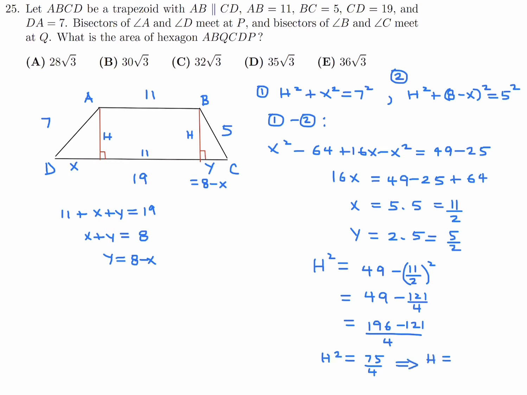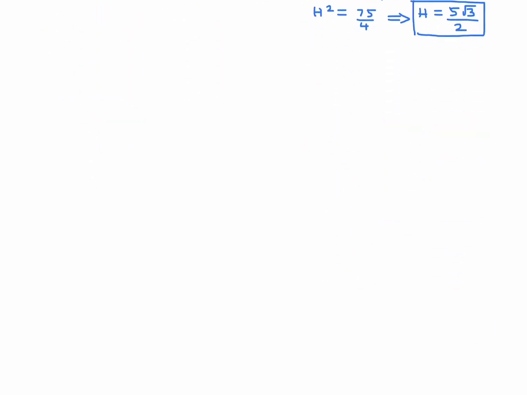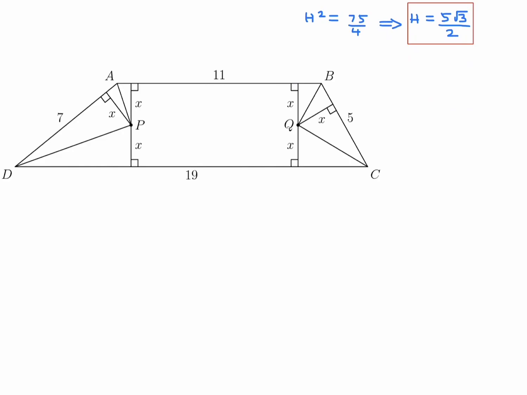And therefore h is going to be the root of that, which is 5 root 3 over 2. So that is a very important finding. We just found the height. So that is the first part of this question.